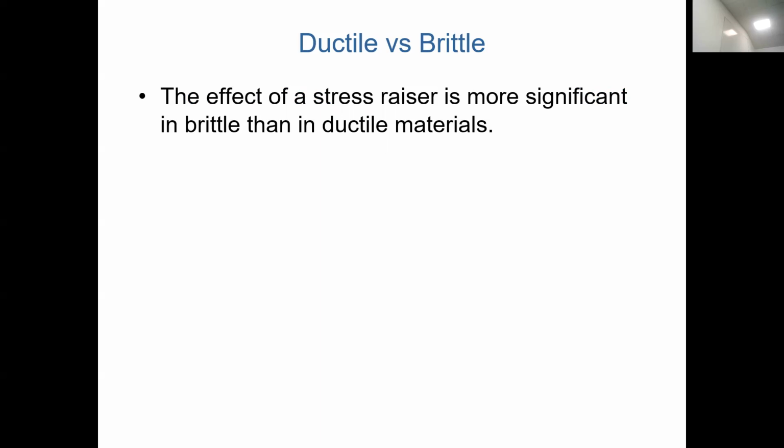But if that's brittle material and there is a crack, let's imagine it's made of glass, a very brittle material, and there's a crack. From the time I see the crack until it propagates, that will be maybe 1 second or something, and that whole structure will fall. So it doesn't give us any warning. So stress risers are more significant there.